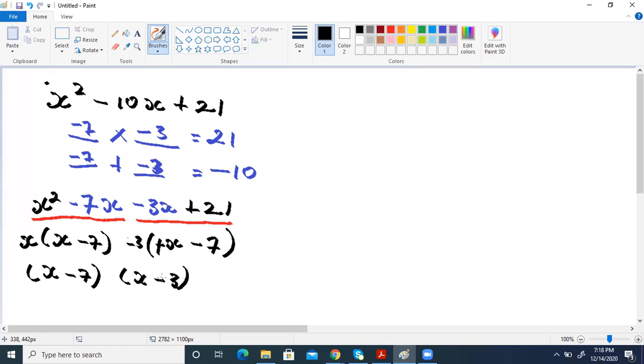All right. So this here that we have up here, we call it an expression. Can anybody tell me why we call it an expression and not an equation?